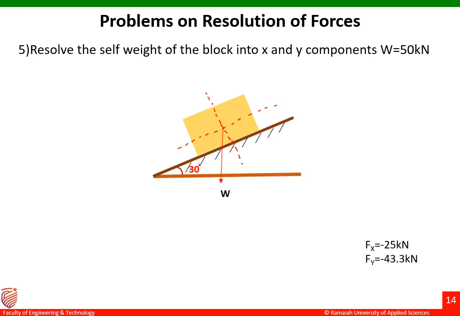Okay, so you can see the weight of the block is falling in which quadrant? Third quadrant over there. So we have to find out the angle made by the weight of the block with respect to horizontal or vertical. In order to find the angle theta, let me take this angle as theta here.